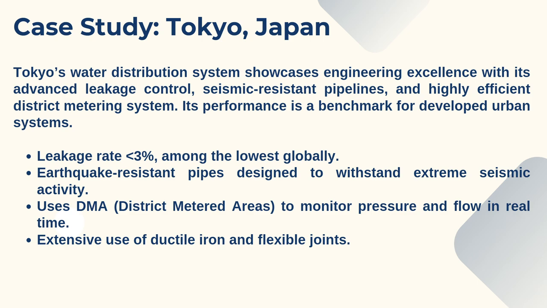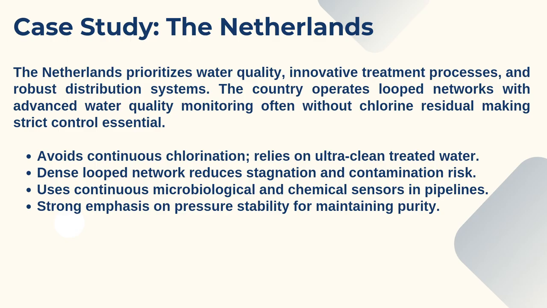The earthquake-resistant pipes are designed to withstand extreme seismic activity, it uses DMAs, district metered areas, to monitor pressure and flow in real time, and next, the extensive use of ductile iron and flexible joints.